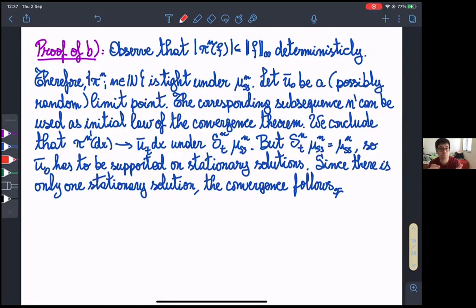Why? Because you have this trivial bound, no? pi^n of f is always smaller or equal than the infinity norm of f, which means that pi^n is tight under mu_ss. It's actually tight under any measure that you put on the space Omega_n.